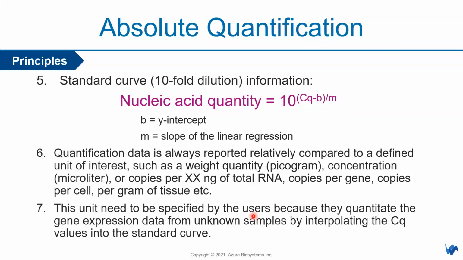Because you need to quantitate the gene expression data from the unknown sample by interpolating the Cq values into the standard curve, in other words, if the dilutions that make up the standard curve are measured in picograms, then the unknown sample will also be measured in picograms.